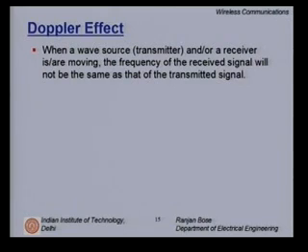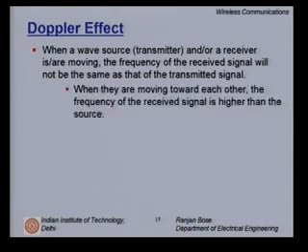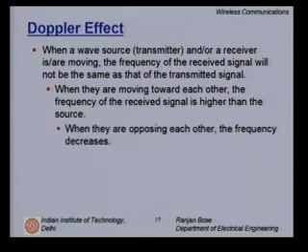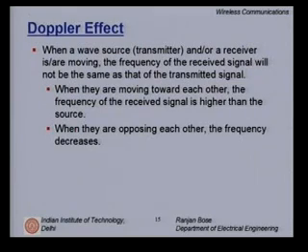We know this from the Doppler effect. When they are moving toward each other, the frequency of the received signal is higher than the source. We will look at it graphically in the subsequent slides. However, when they are going away from each other, the frequency decreases.